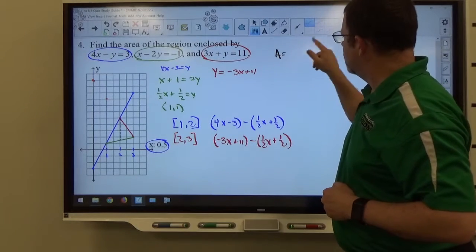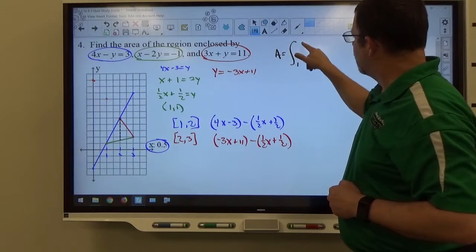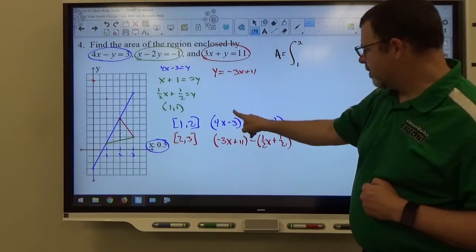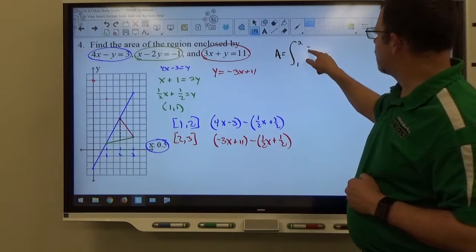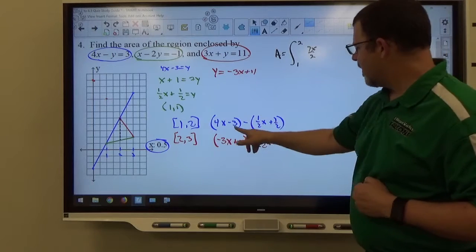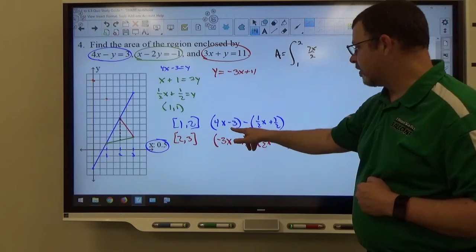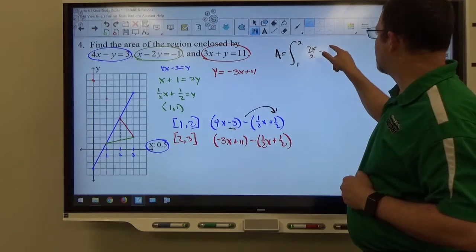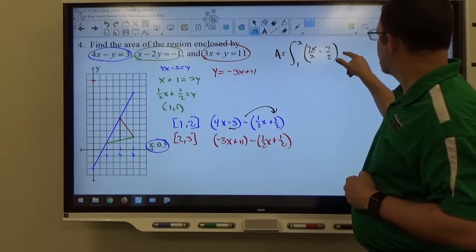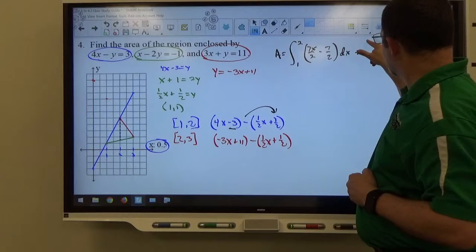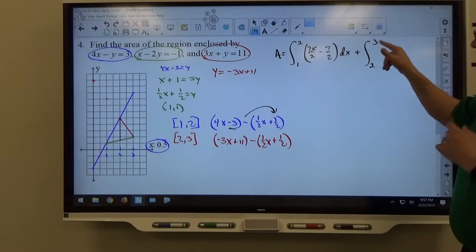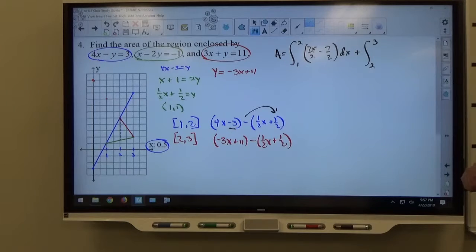And my way of getting the answer is going to be this integral. And if I subtract, that's 8 halves minus 1 half makes 7x over 2. And that's negative 6x, or negative 6 halves, minus 1 half makes minus 7 halves dx. We're going to add that to the area from 2 to 3, and that's red minus green.